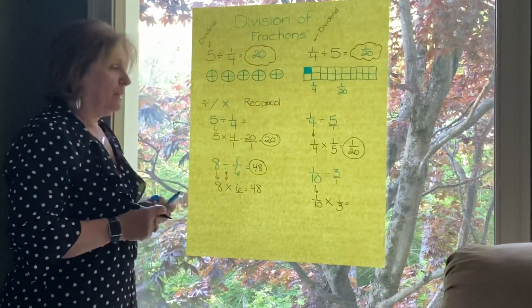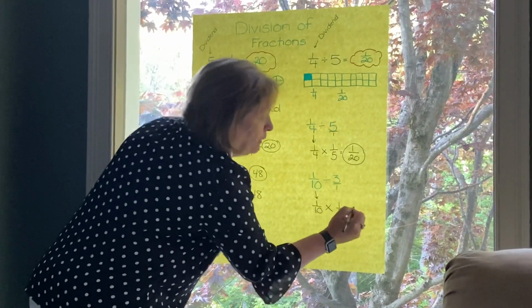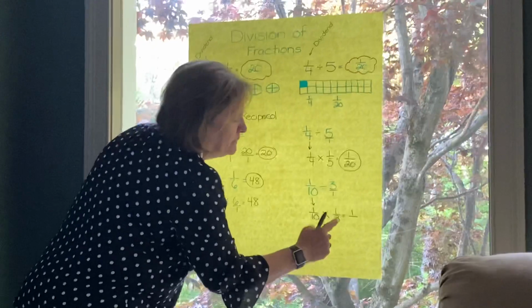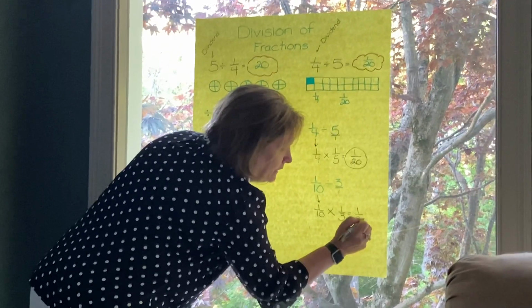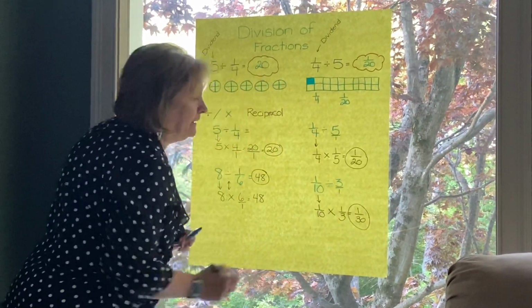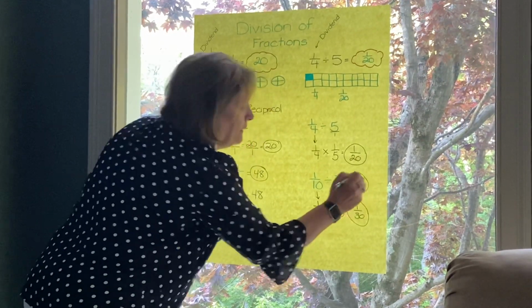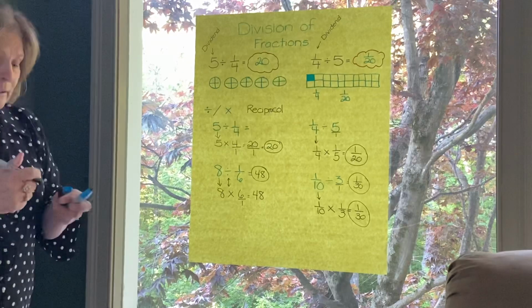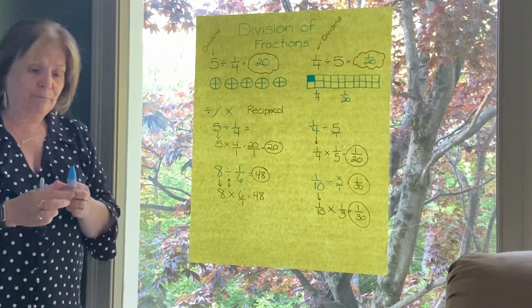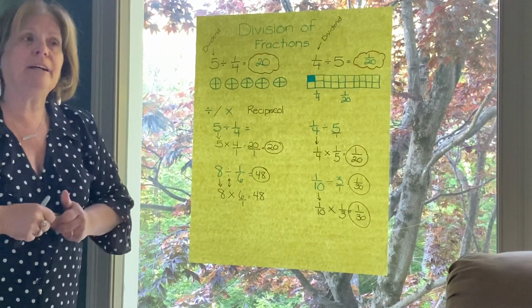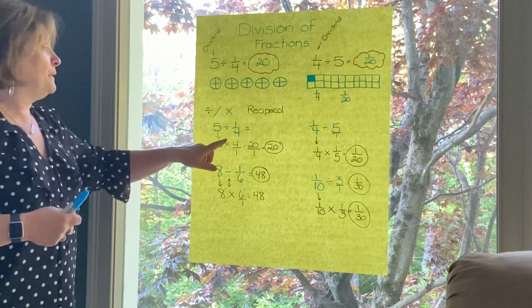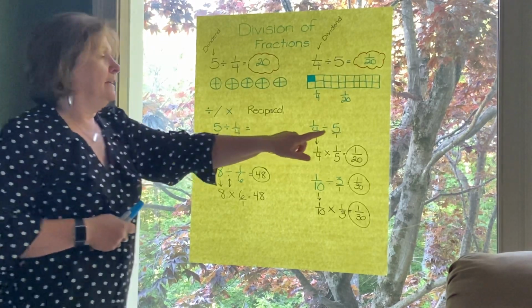And then I'll multiply normally. 1 times 1 is 1. 10 times 3 is 30. And so my answer is, for this one, 1/30.